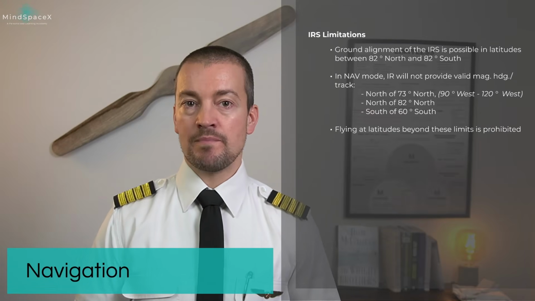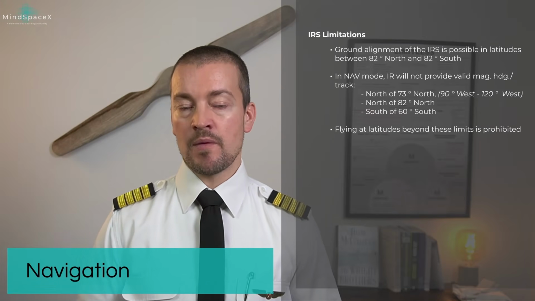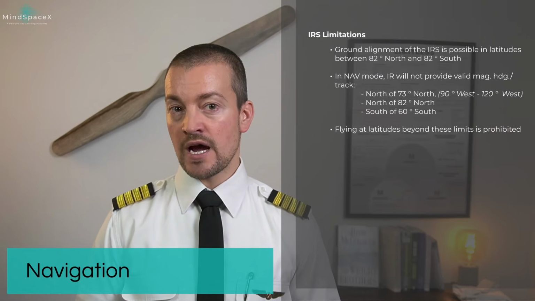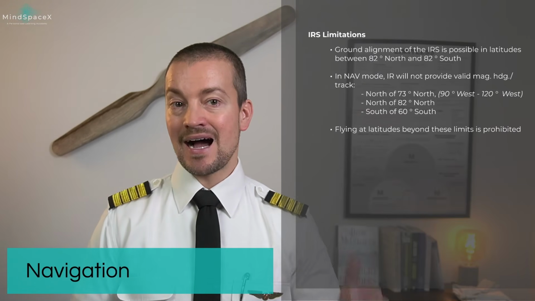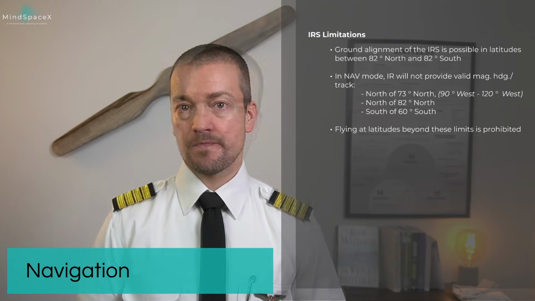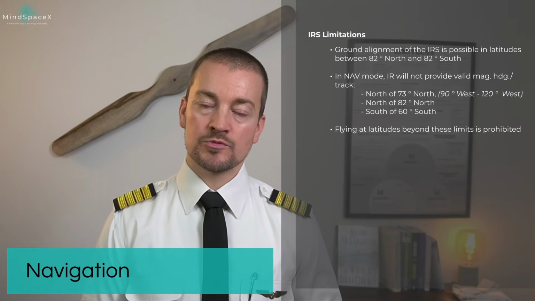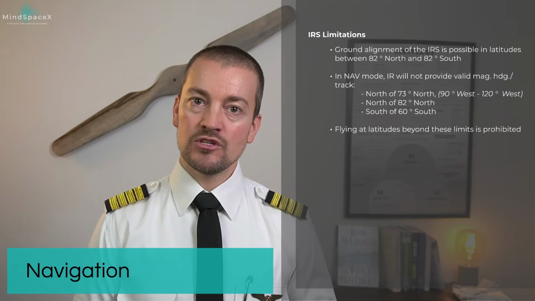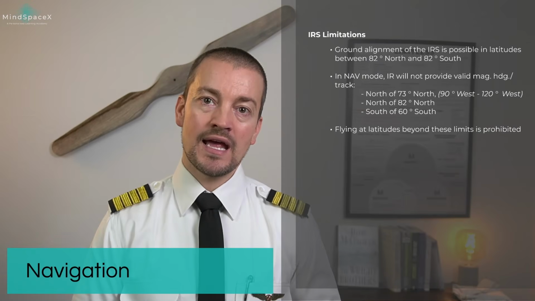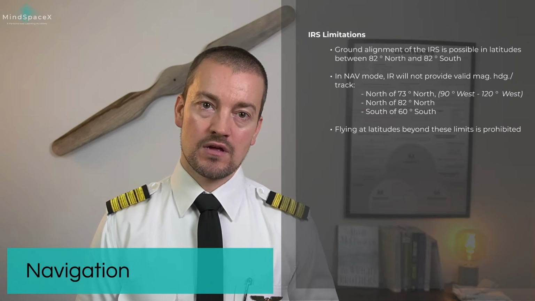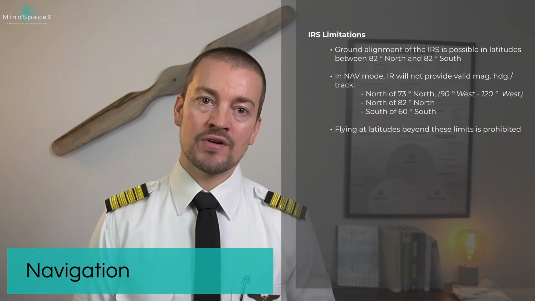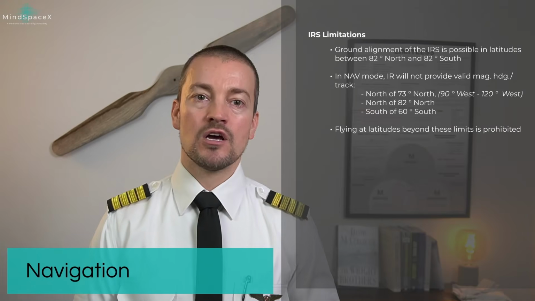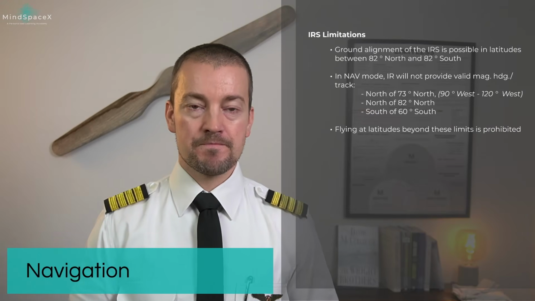For the navigation system, we had limitations based on the IRS and the capability of the aircraft to use IRS specifically at high latitudes. Ground alignment of the IRS is possible in latitudes between 82 degrees north and 82 degrees south. Above these latitudes, the IRS alignment is not properly accurate.